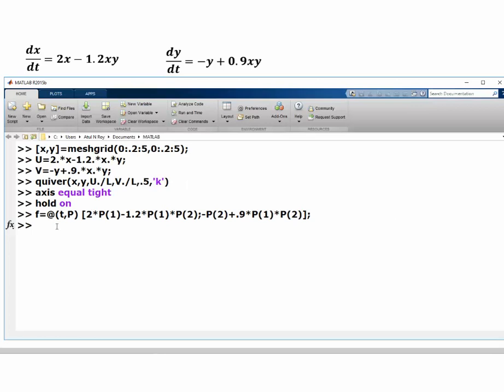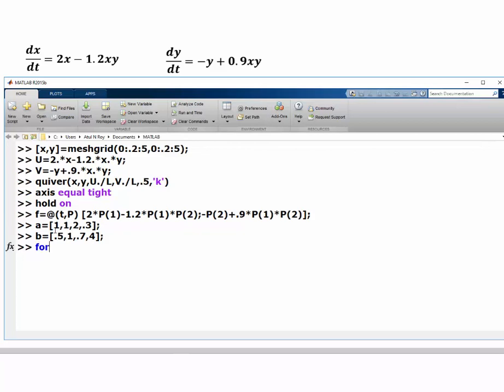We take A as 1, 1.2, 0.3, and then B as 0.5, 1, 0.74.